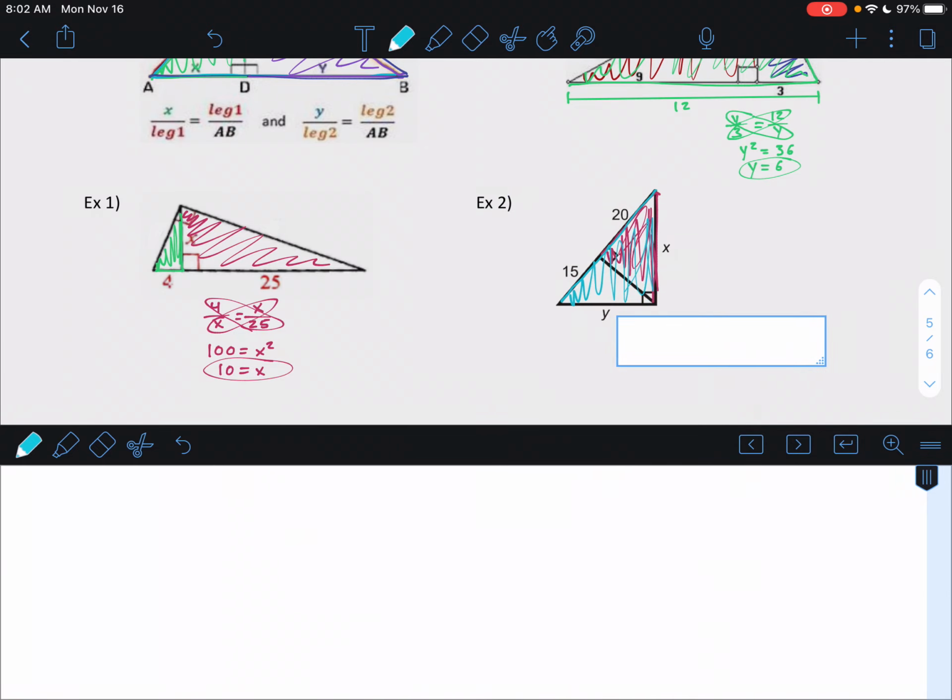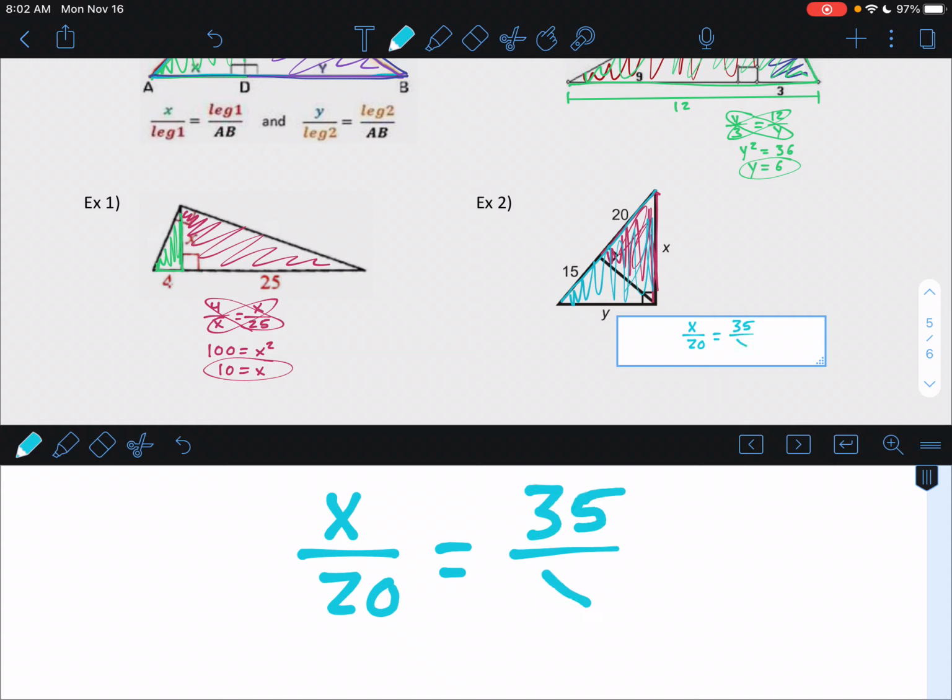So it's hypotenuse over long leg and hypotenuse over long leg.